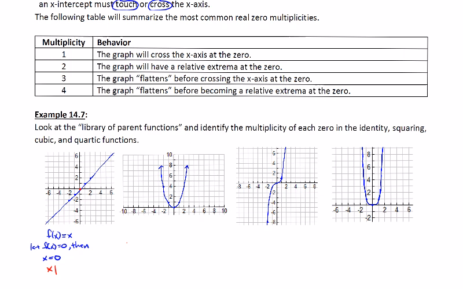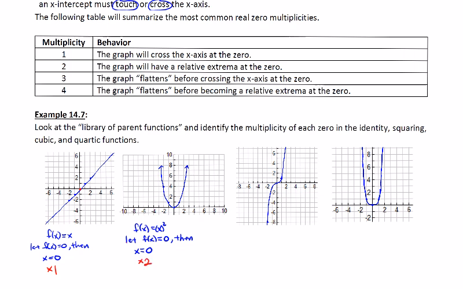Now let's look at the squaring function. With the squaring function, we have the equation f of x equals x squared. So again, if I wanted to calculate the zeros, I would have to say, let's let f of x be equal to 0, and then we would get the statement x is equal to 0 again. But keep in mind that the x here is being squared, which means that the 0 is actually here twice.